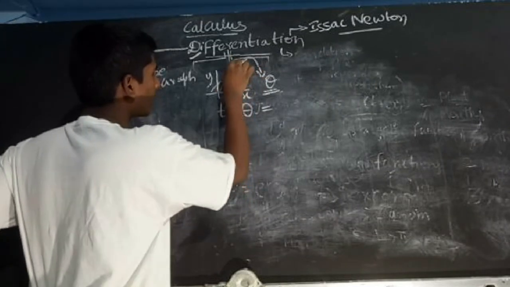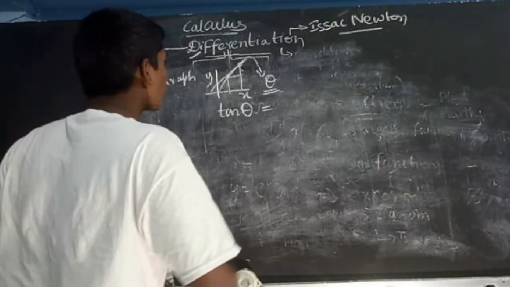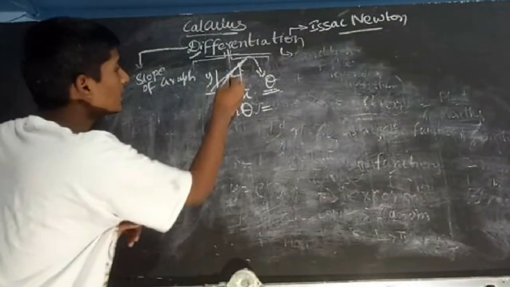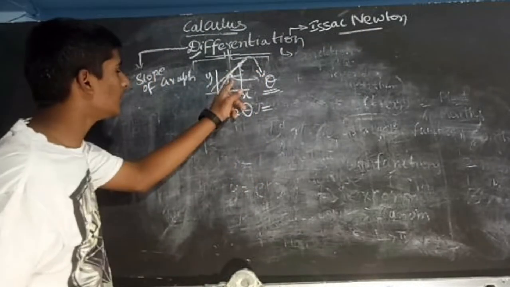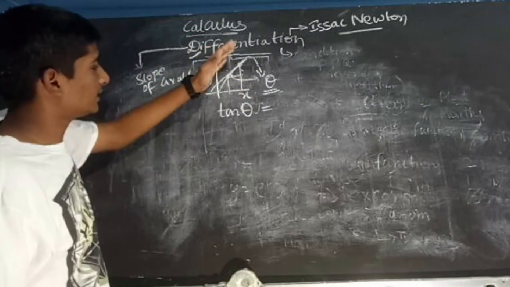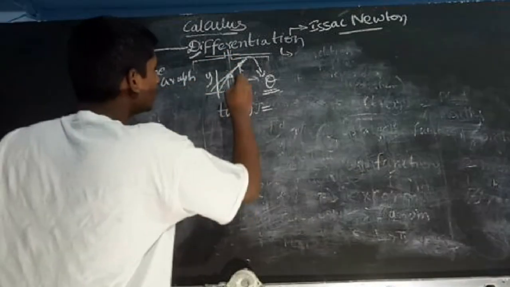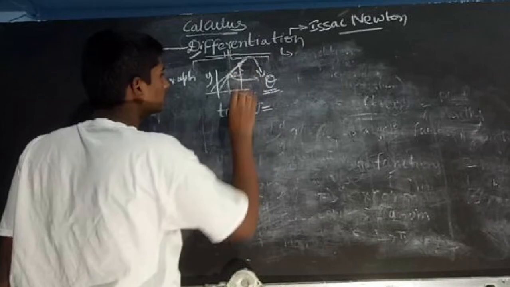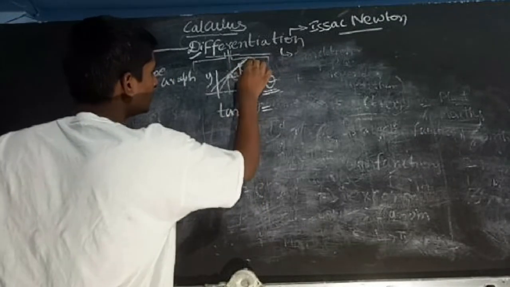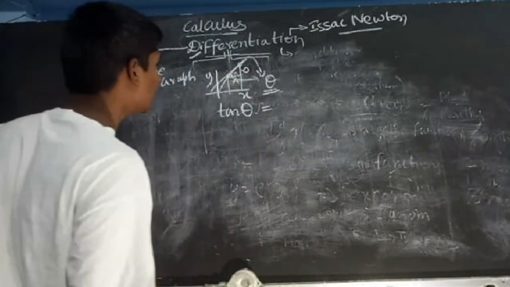Here I got a triangle, and this is theta. We can know how much slope it is, how many degrees of slope it has. This is theta, the opposite side of theta, and this is the adjacent side of theta.